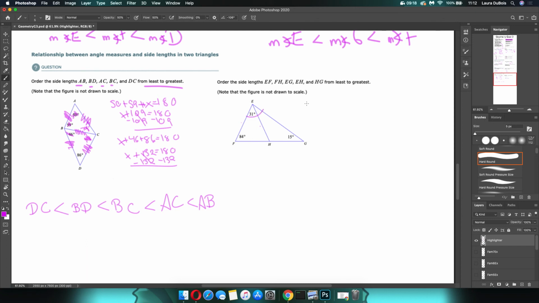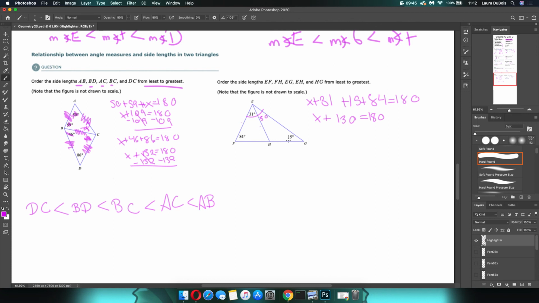So that's going to be x plus 31 plus 15 plus 84 equals 180. So x plus 31 and 15 is 46. 46 plus 84 is 130. So this is 50 degrees.